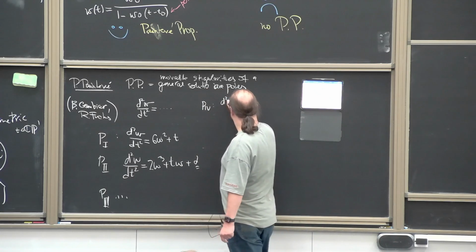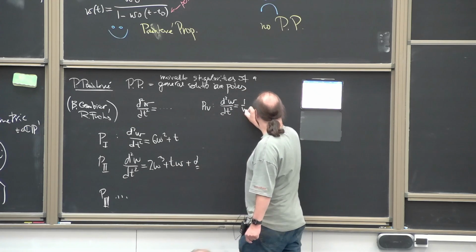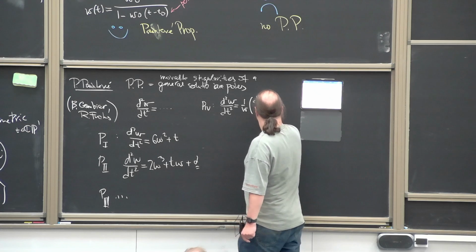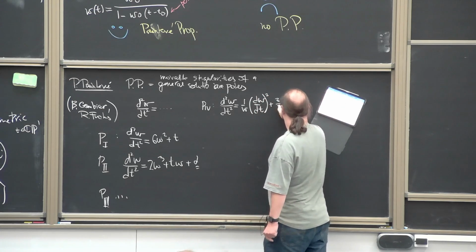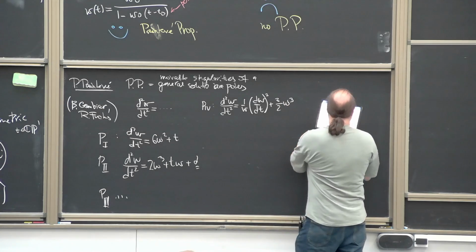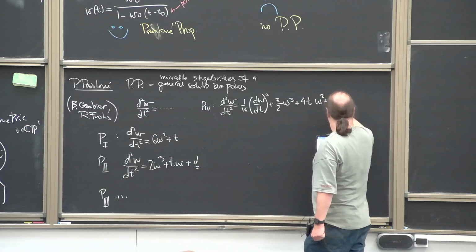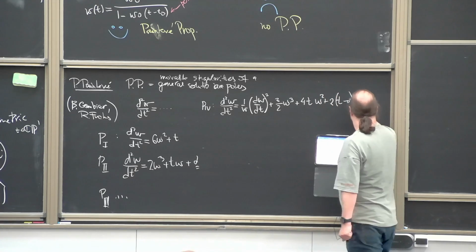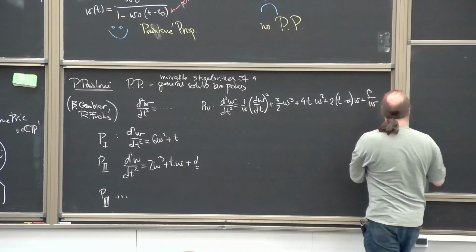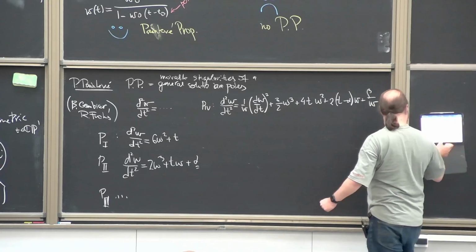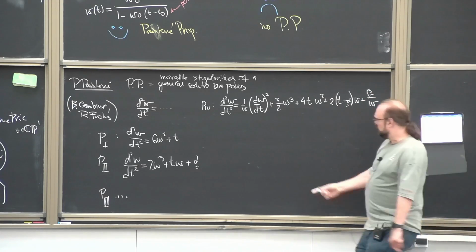It's a bit more complicated. Okay, and again, you see here that you have parameters now alpha and beta appearing. And there are two more.